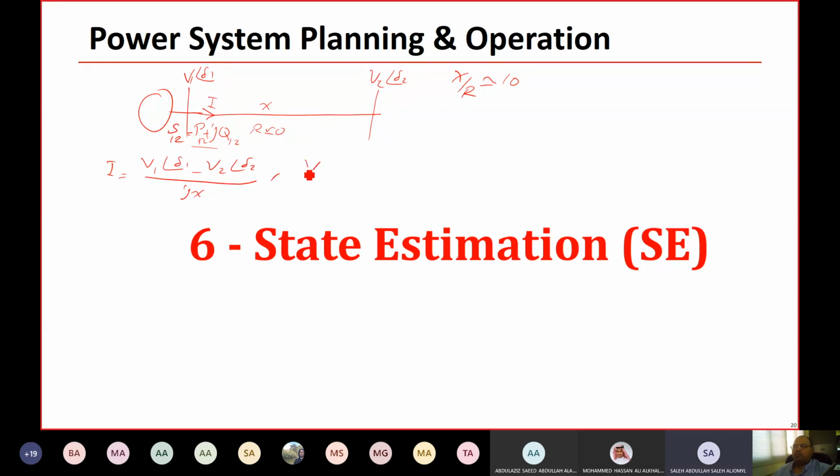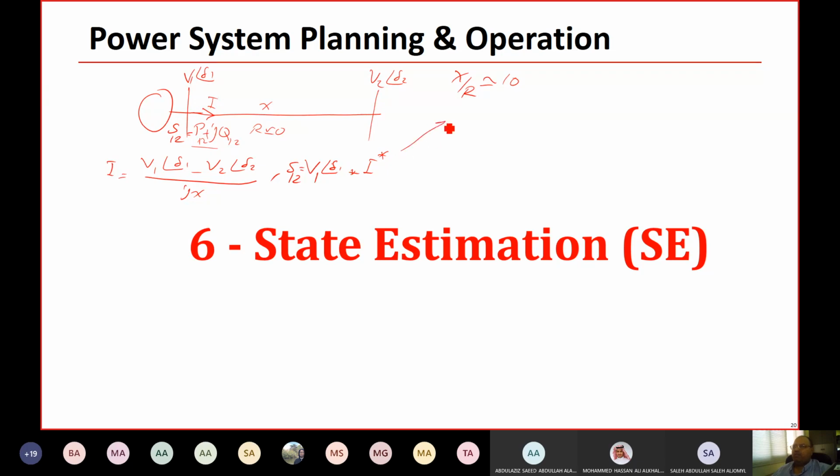Okay. S12 equals V1 with angle delta 1 times I conjugate. Of course, in order to simplify, instead of having the conjugate of this quantity, we can take the conjugate of both sides.